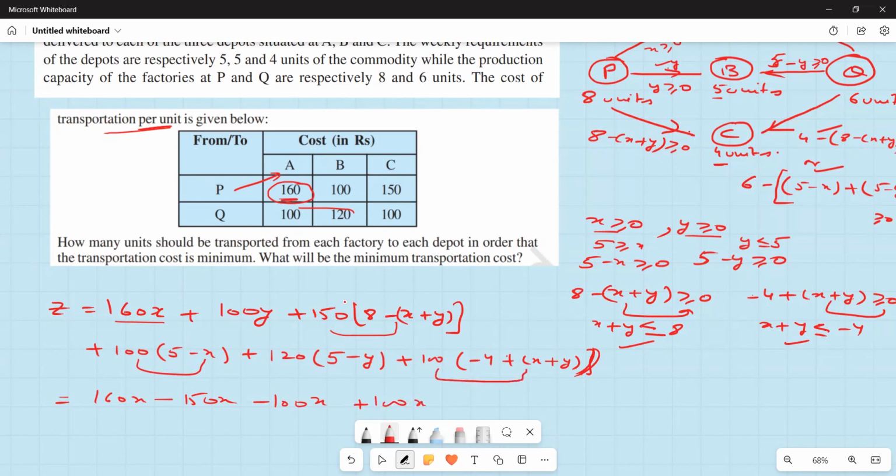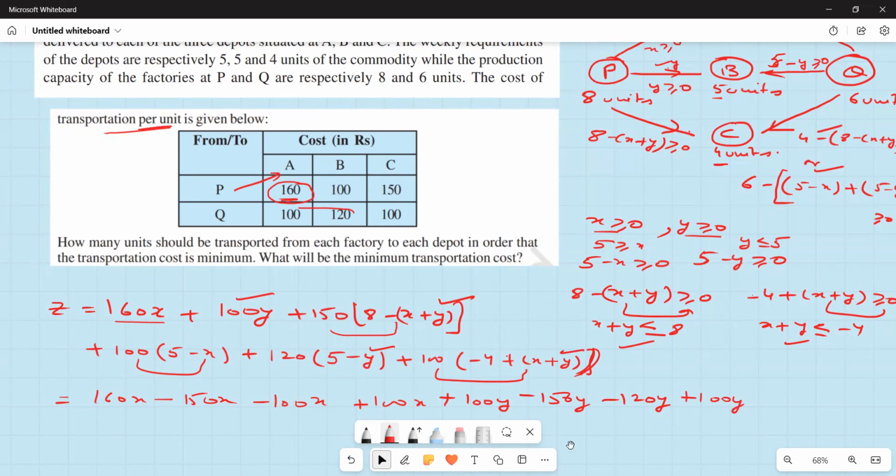So x all terms are taken. Now take y. 100y. This one is taken. Then minus 150y. Then minus 120y. And then plus 100y. This one is taken.